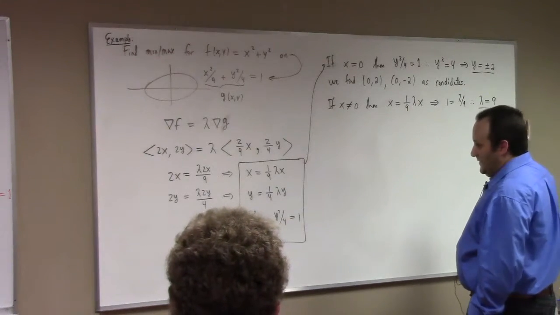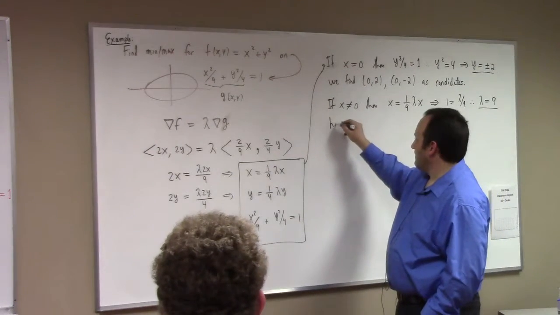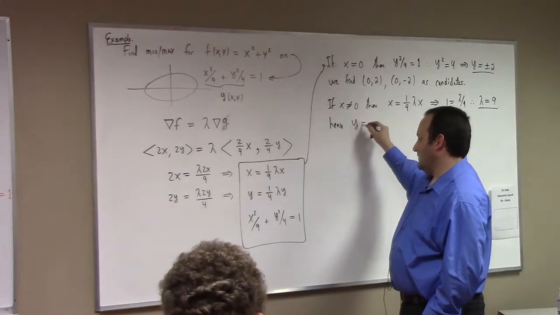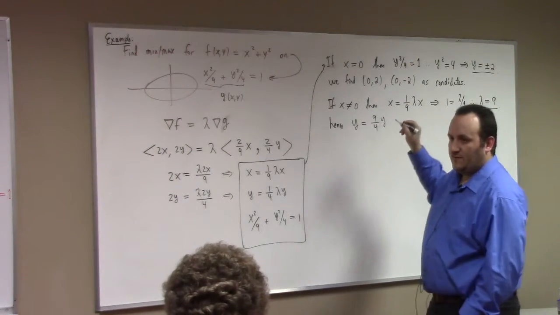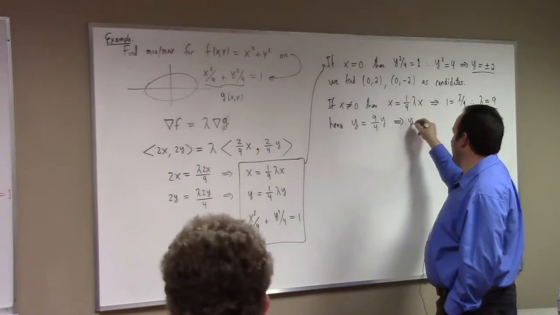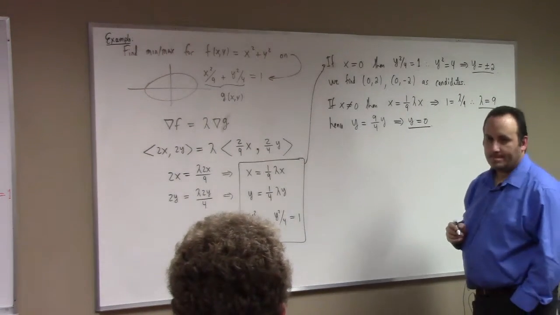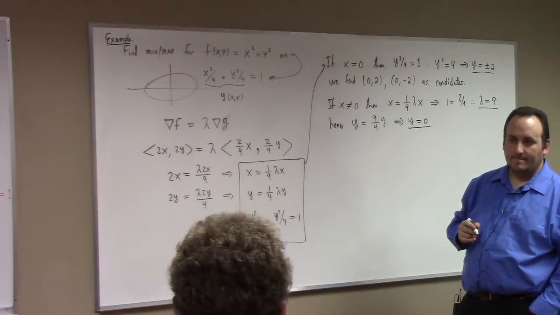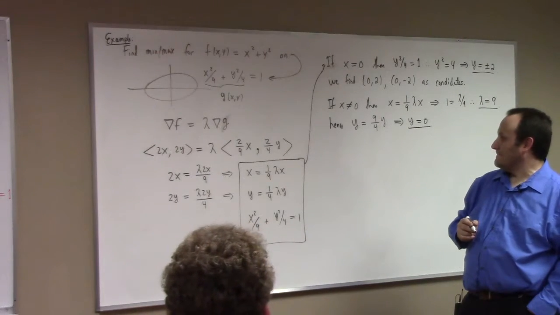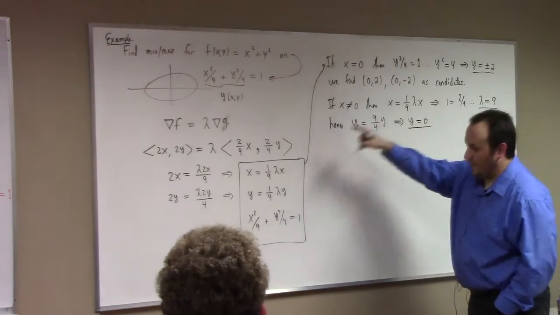But that's fine. If lambda's 9, what does that tell us down here? y is equal to 9/4 y. Where I come from, that says that y is 0. So that has solution 0. But if y is 0, go back to the third equation.